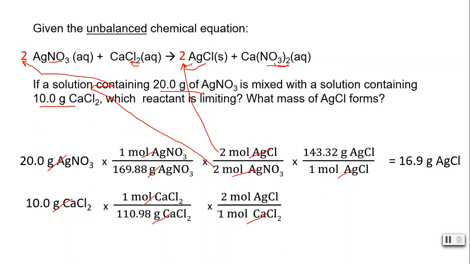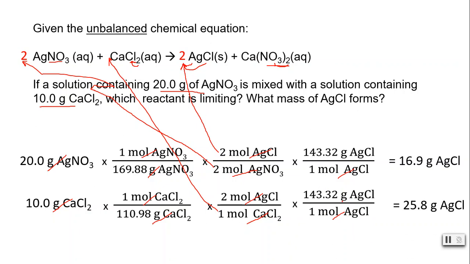In this case, also realizing that for every 1 mole of calcium chloride, there are 2 moles of AgCl. And then using the molar mass of AgCl again to go to grams. When you put that string of numbers in your calculator, you should get 25.8 grams.